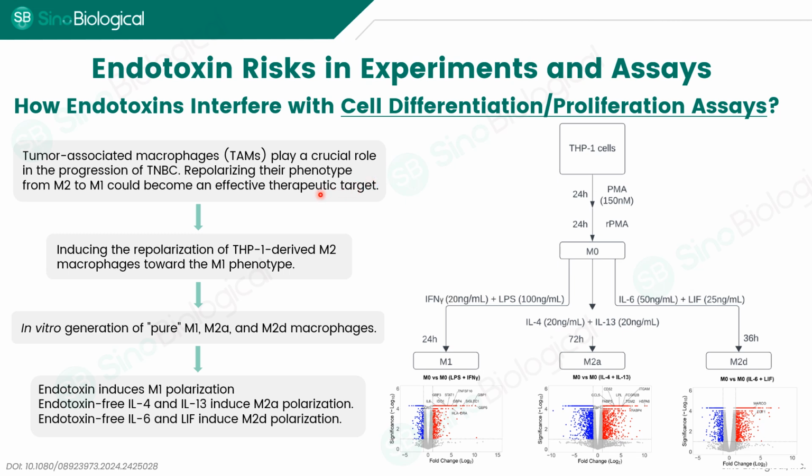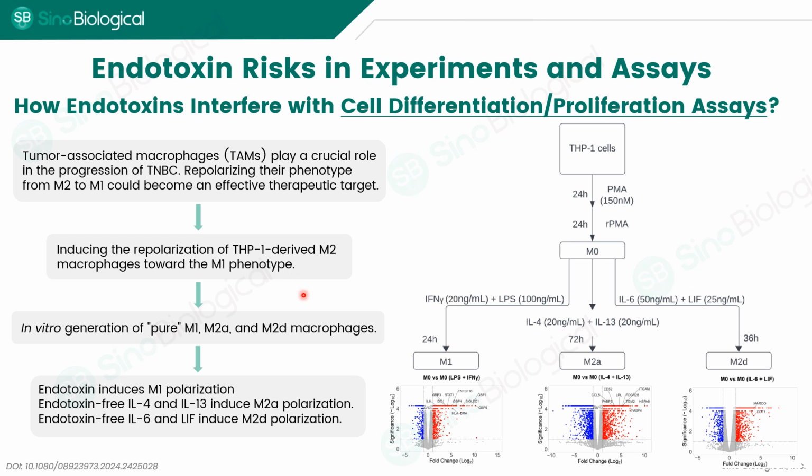So repolarizing their phenotype from M2 to M1 can become an effective therapeutic target. In this paper, the researchers wanted to induce the repolarization of THP1-derived M2 macrophages towards the M1 phenotype.